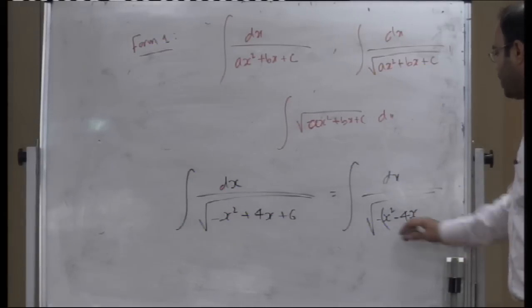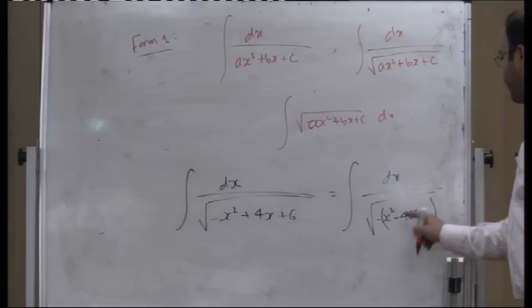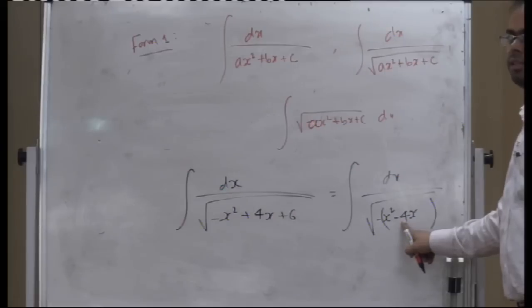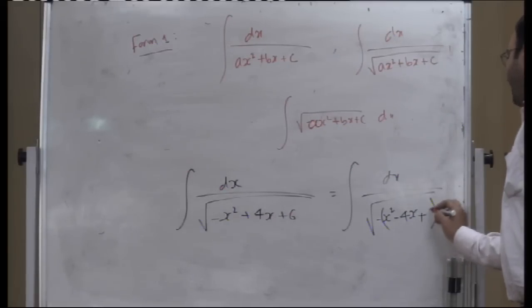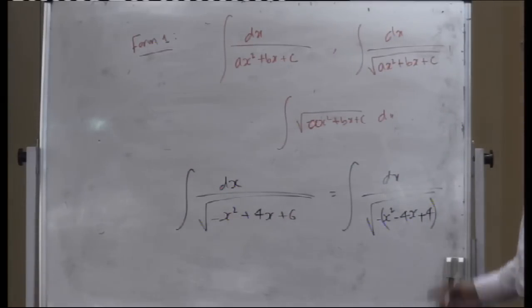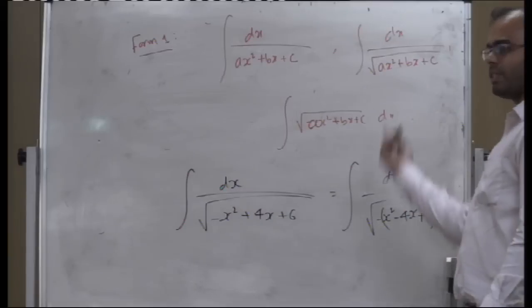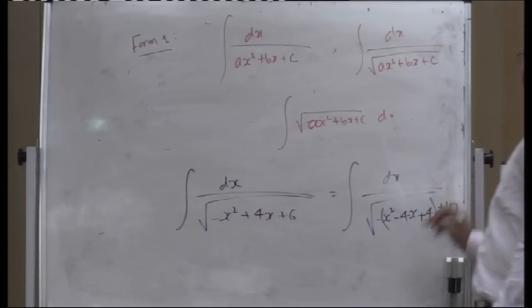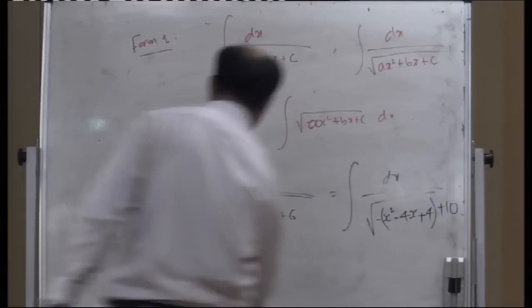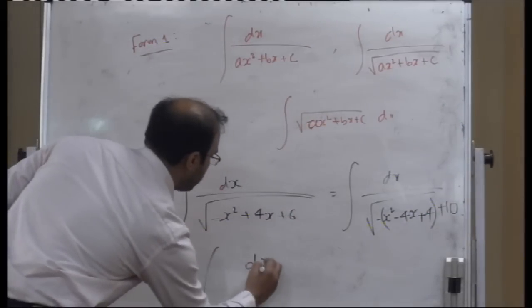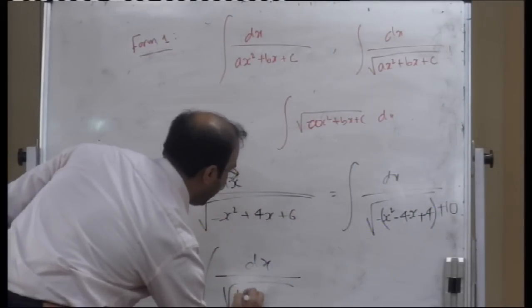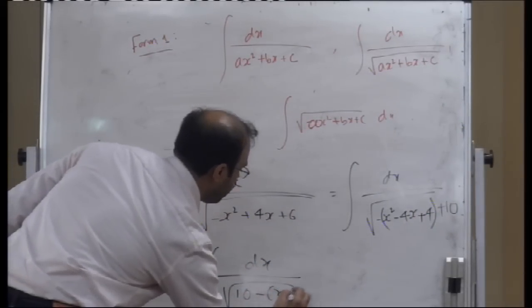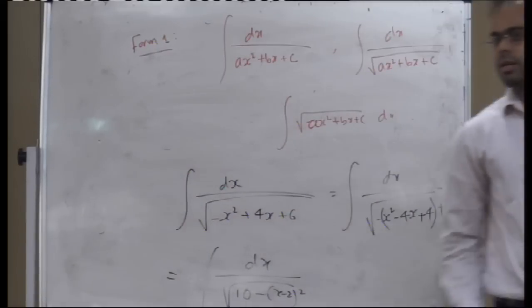Now in order to make a perfect square, this is actually 2ab, 2 is present here, so you have to add 2 square, that is 4 here, and then this is actually minus 4, so you have to do a plus 4, so this would become plus 10. So this would become dx upon root over 10 minus x minus 2 whole square, that is a perfect square.